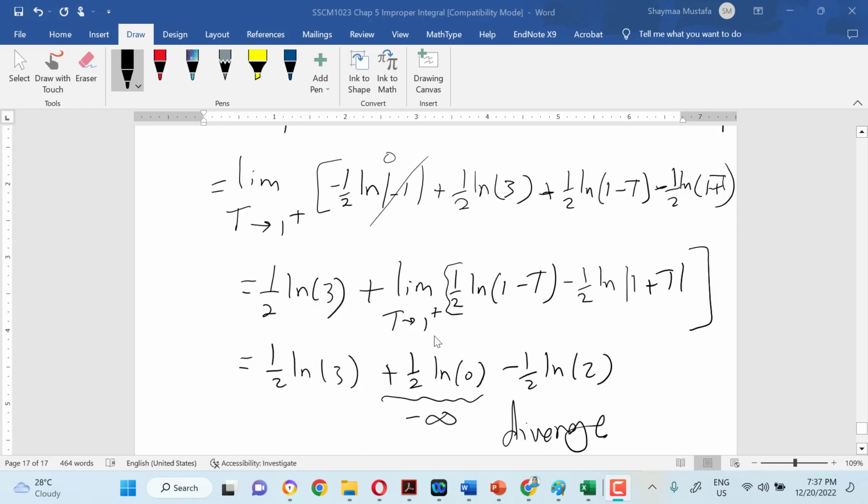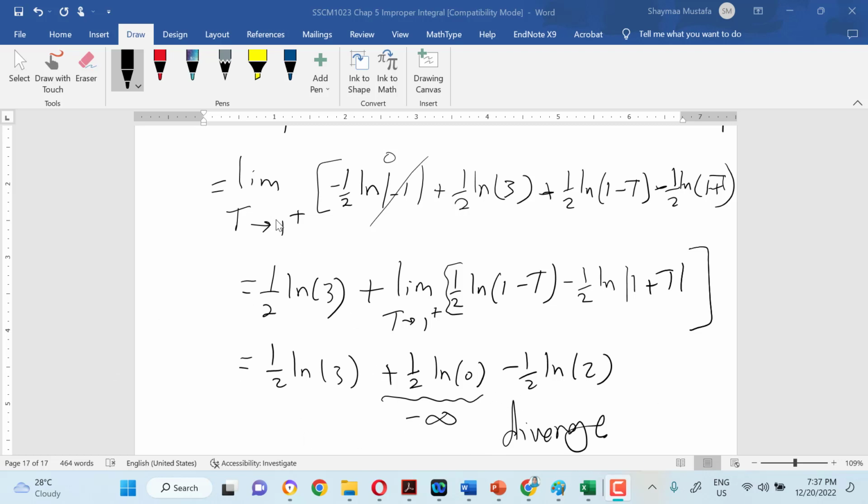Now this is a constant. Substitute 1 here. So 1 over 2 logarithm of 1 minus 1 is 0. Here substitute 1 plus 1 is 2. So this is a number, the problem is only in here, logarithm 0. Logarithm 0 goes to minus infinity. So all the terms here go to minus infinity.